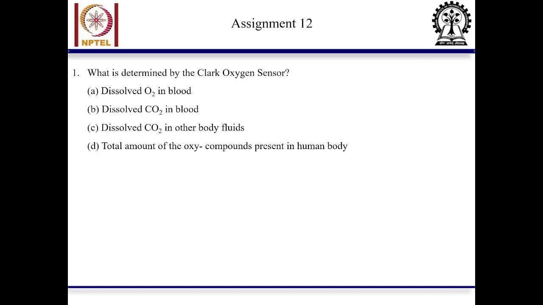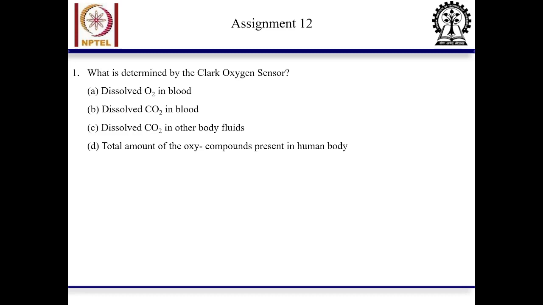Okay, so now the first question of the assignment is: what is determined by the Clark oxygen sensor? Option A is dissolved O2 in blood, option B is dissolved CO2 in blood, option C is dissolved CO2 in other body fluids, and option D is the total amount of oxy compound present in the human body.